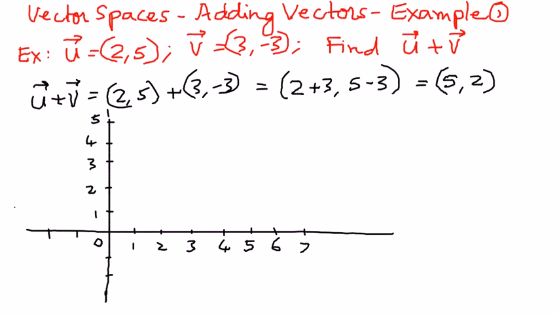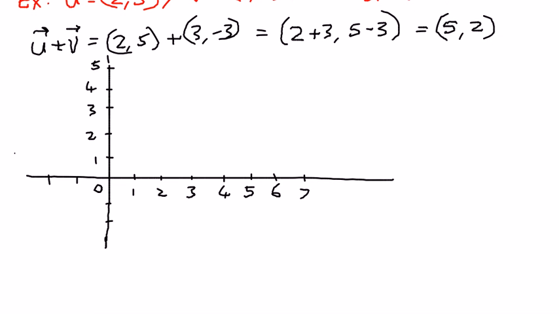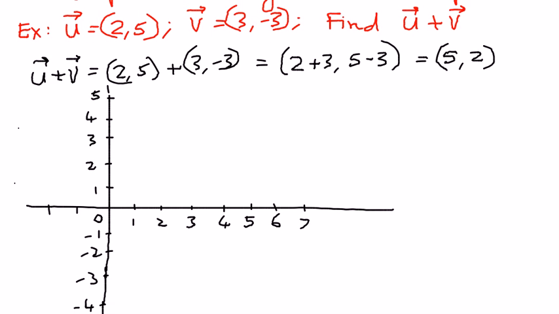Okay, so we want to represent first vector u, which is 2, 5. Let's go some more here, and then we can represent. This is -1, -2, -3, -4, and so on. The first point we want to represent here is vector u, which is 2, 5. We're going to go 2 units on the positive x-axis and 5 units on the positive y-axis.